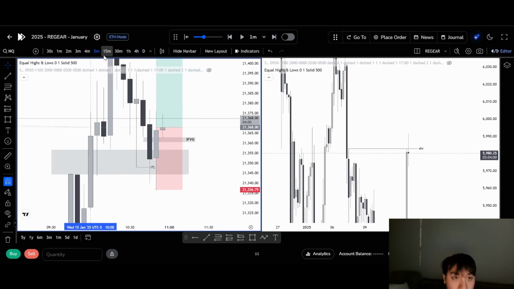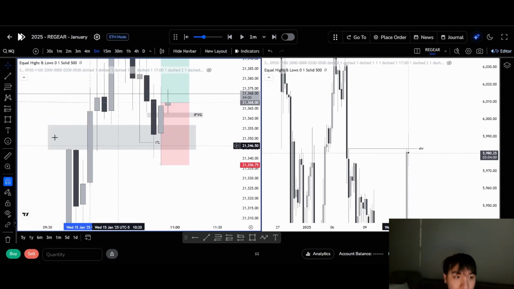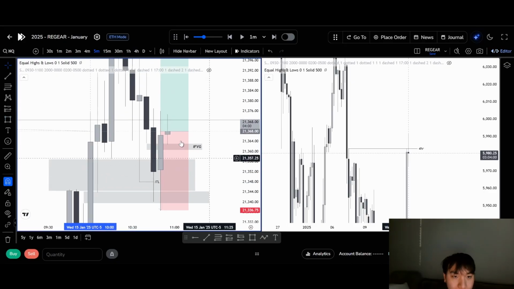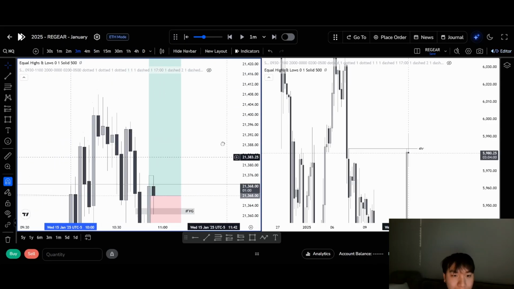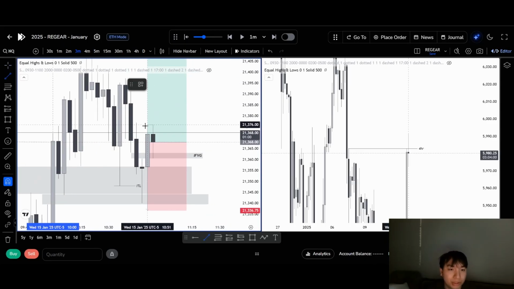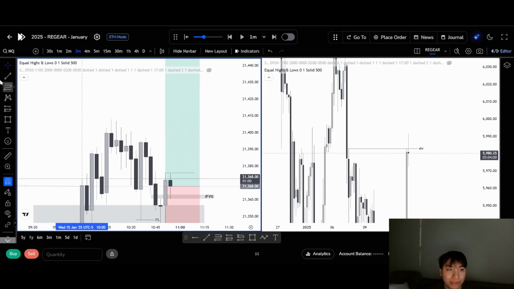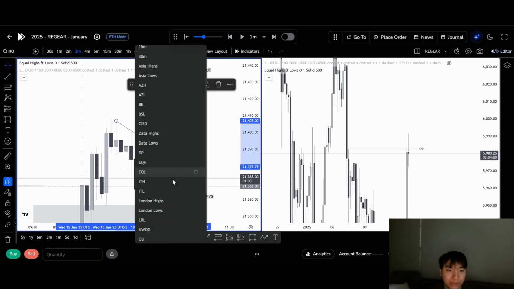Rejecting off of this 5. In addition to that, we're also rejecting off of this 5. Double whammy. We have 3-minute inversion to the upside. Just created equal highs. I want to get in this trade. We have a resistance.